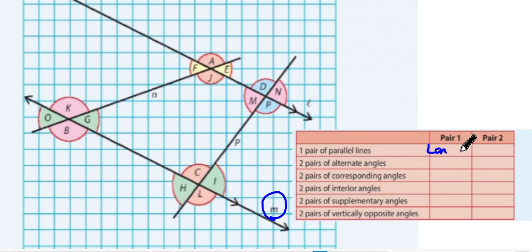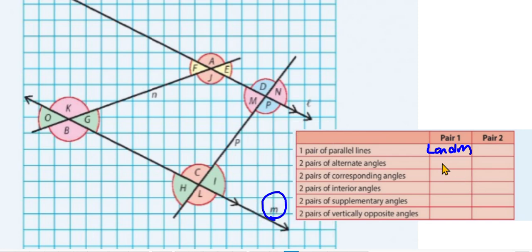So L and M. Two pairs of alternate angles. Any Z's here, guys? Here, I'll help you out. What do we reckon? F and G. Okay. F and G is one of them.